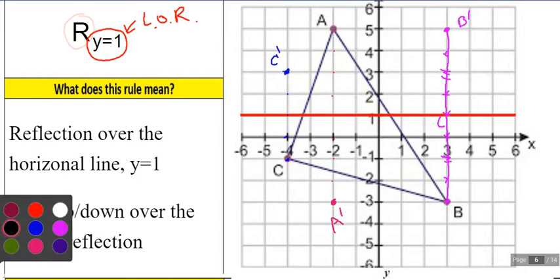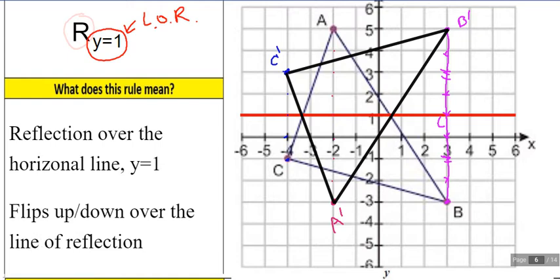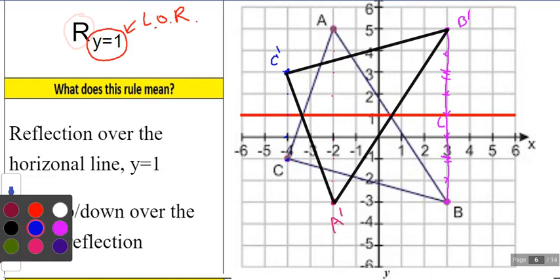So connecting our new image vertices, we see a triangle that is rigid, meaning that it kept the same size, same shape, but simply flipped over the line. Okay, and that's where we have this A prime, B prime, C prime.